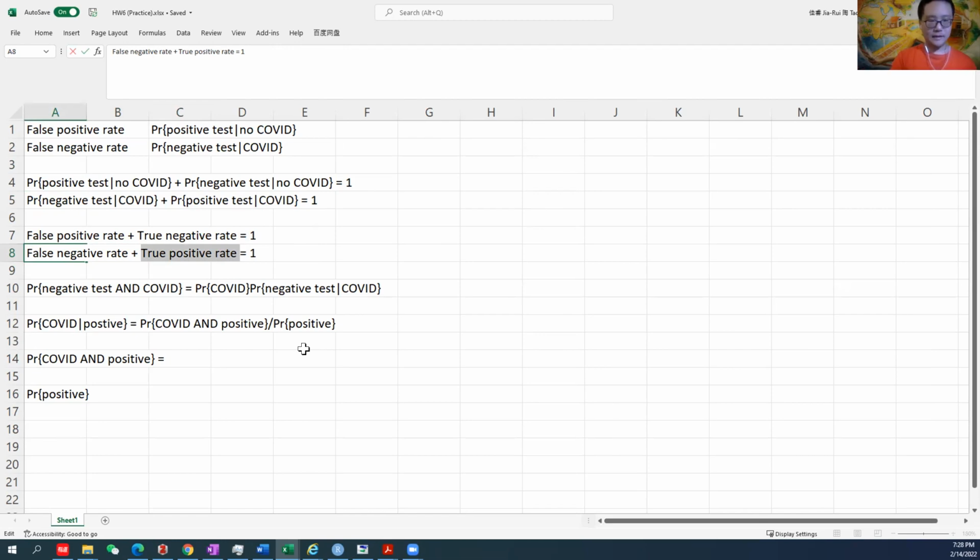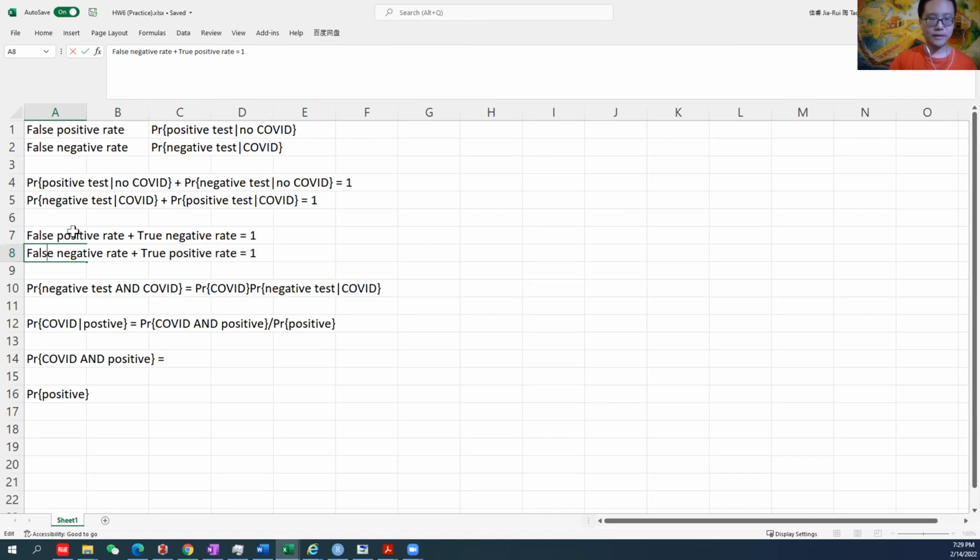So if we use the quantities given in problem 2, if we know 3% is the false negative rate, then we know 97% is the true positive rate. So whenever we take the complement, we should flip both the true or false and the positive or negative sign to get the complement.